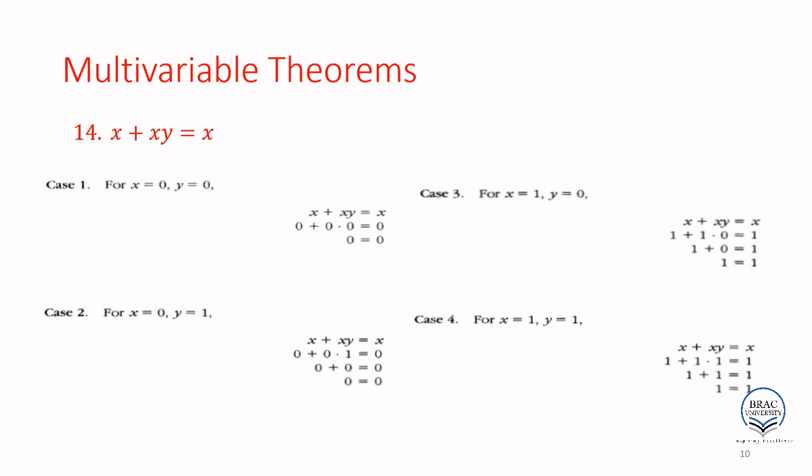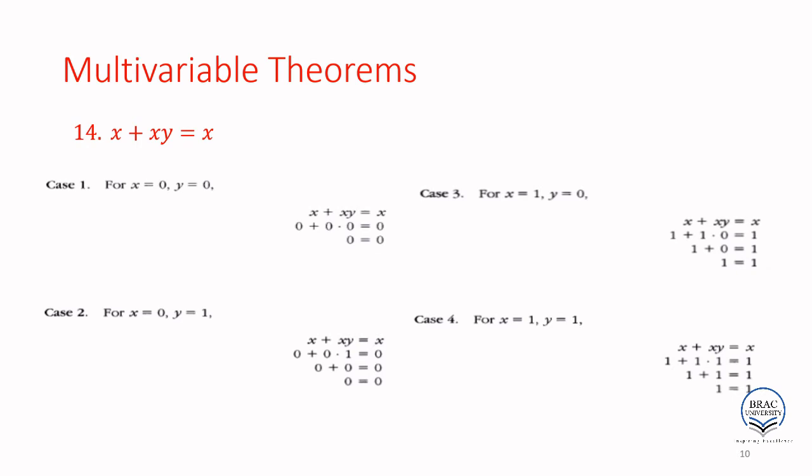Multivariable theorem, this is the proof of how x plus x y equals x. So we consider the cases x equals 0, y equals 0, or x equals 0, y equals 1, or x equals 1, y equals 0, or x equals 1, y equals 1. If you put x equals 0, y equals 0 in this equation, the left hand side becomes 0 plus 0 into y, which is 0, and the right side is x equals 0. So left hand side equals right hand side.